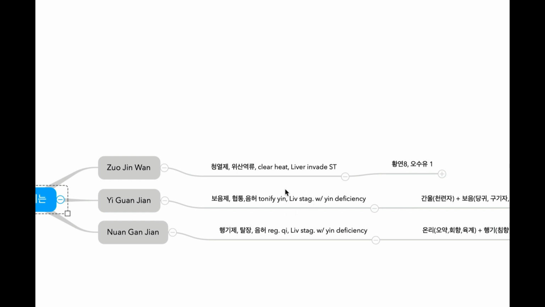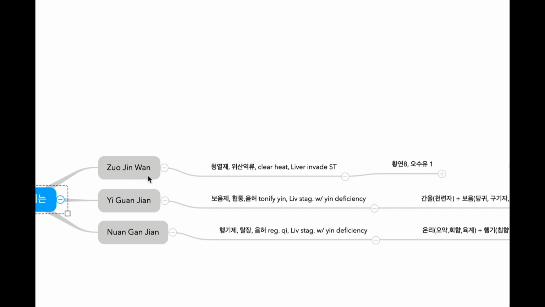So this formula is composed of Chuanlianzi, a strong qi regulator, and Danggui, Dihuang, and Gouqi, the tonifiers. So it is a tonifying formula, but it is used for liver qi stagnation, hypochondriac pain, acid reflux, those conditions.